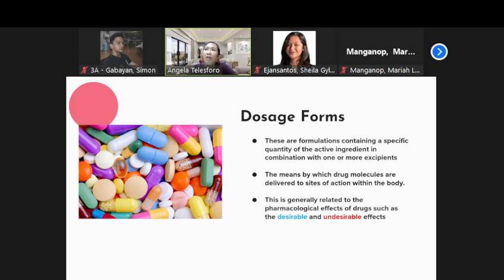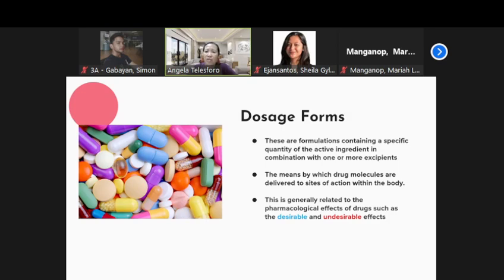Like for example, may mga drugs that cannot be made into an oral dosage forms because if they're taken in and once they get into the GIT, they will be degraded by the enzymes present in the GIT. So useless rin if that will happen. So these drugs are given through parenteral route, usually intramuscular, no? Intramuscular. Yan siya.